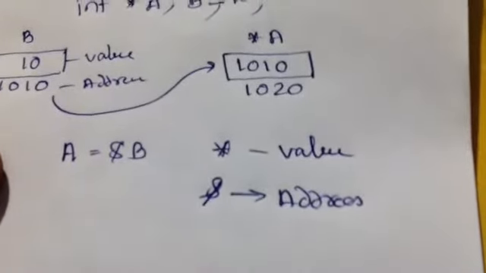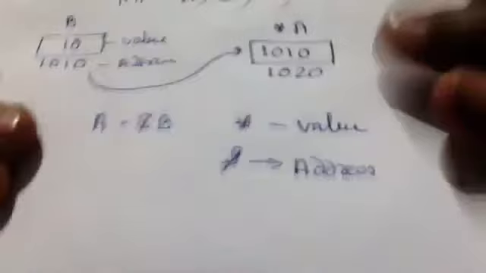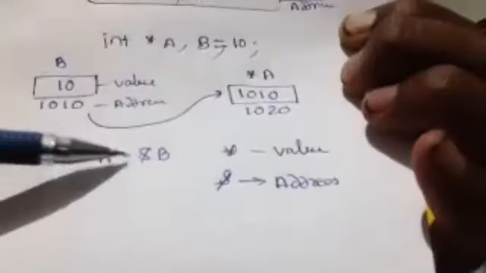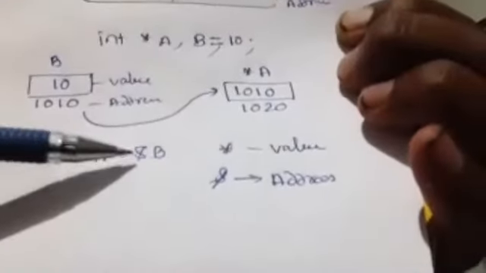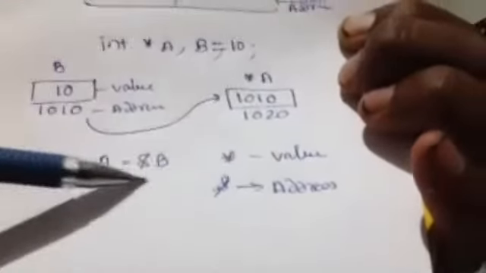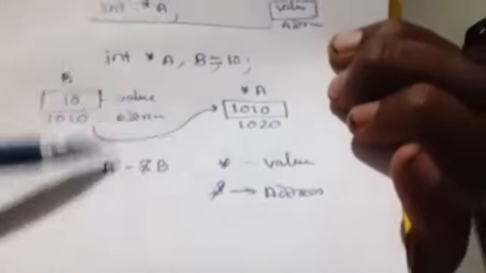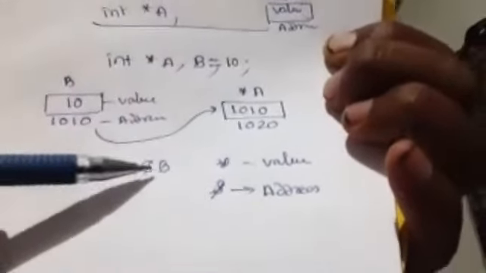Yes, sir. So this ampersand means address of B. A equal to address of B. It is assigned like this. So that's why A is a pointer variable which holds the address of another variable. That is the concept. So pointer is a variable which holds the address of another variable.